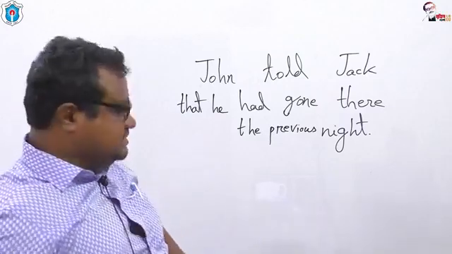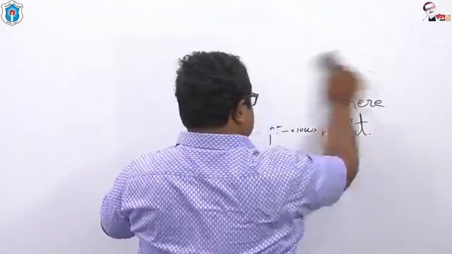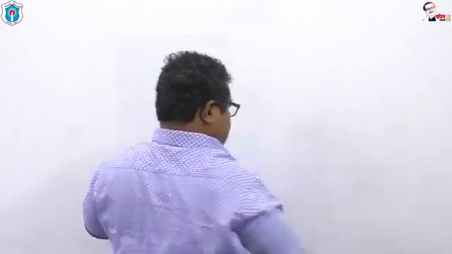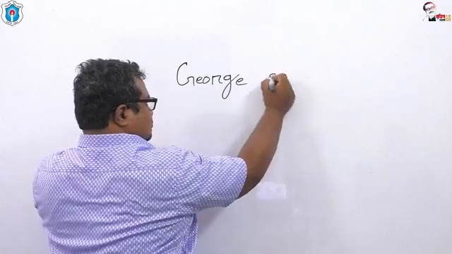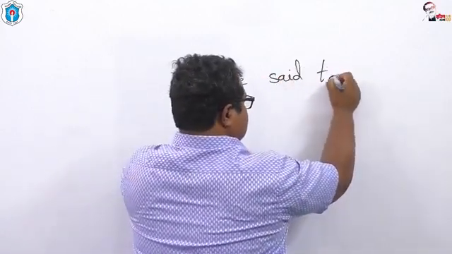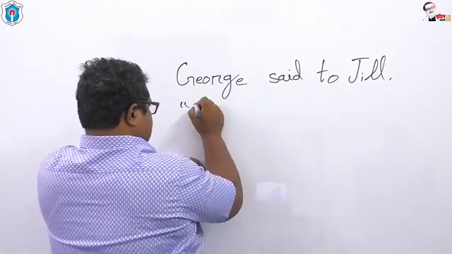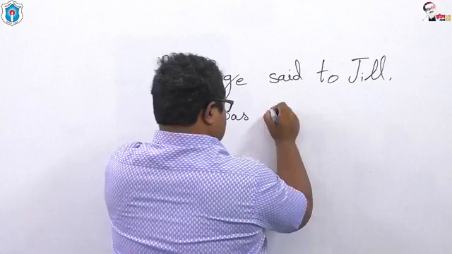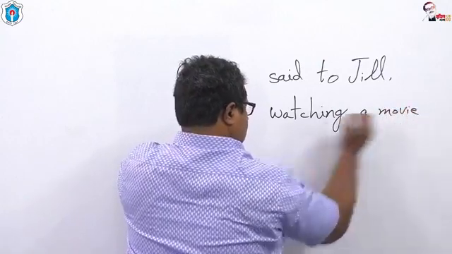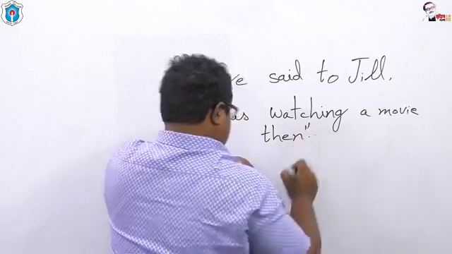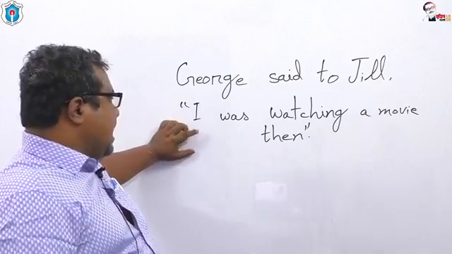Now what about past continuous? In the case of past continuous, this is an example. George said to Jill, I was watching a movie then.